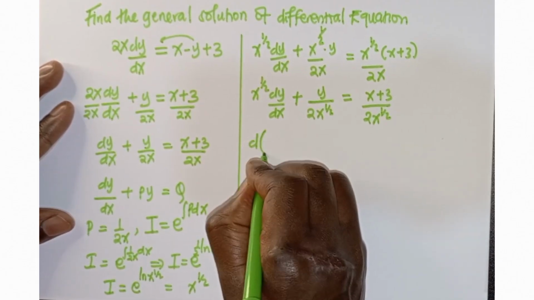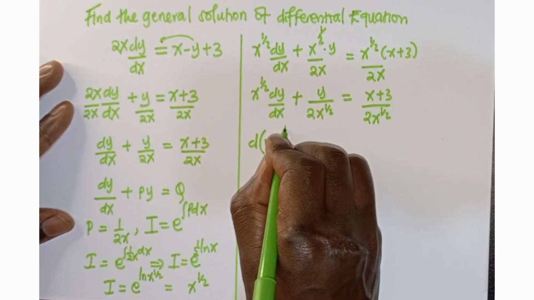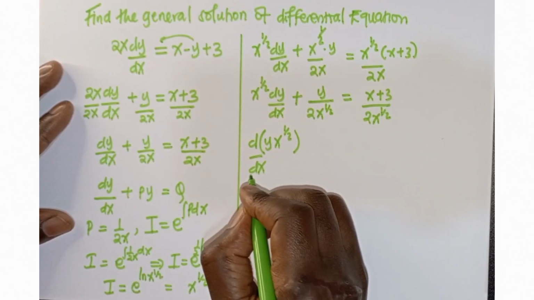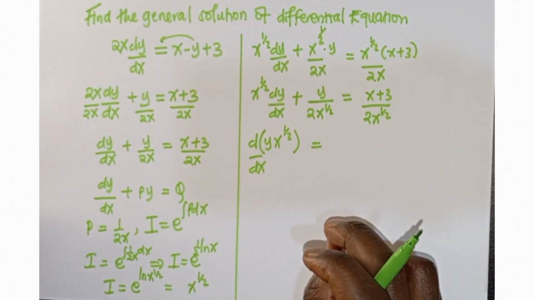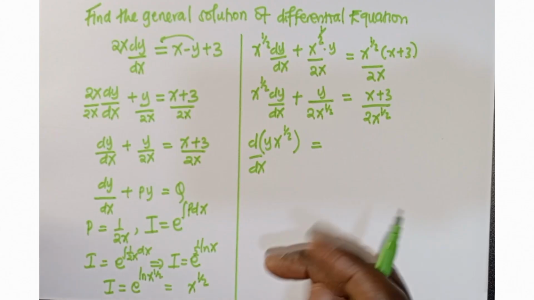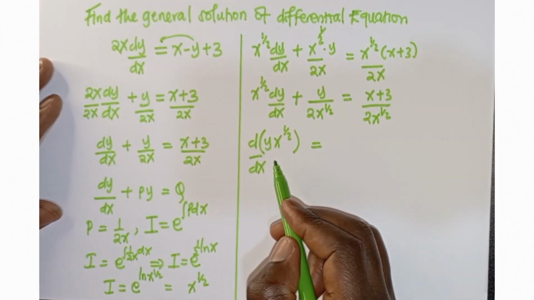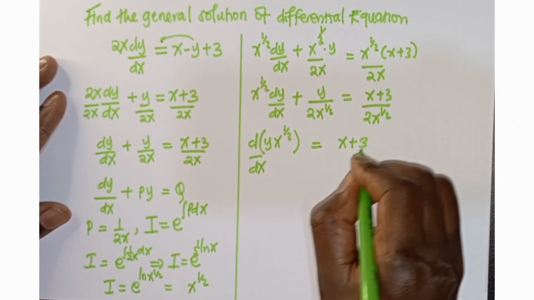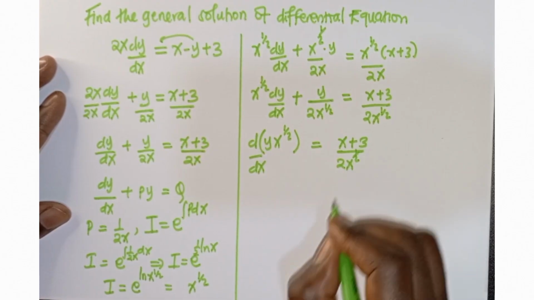It can be the derivative of y x to power half with respect to x. If you haven't watched my video about the exact DEs, I'm going to link it here. There are things such that you can get to know where this comes from. Is equal to x plus 3 out of 2x squared, x power half.